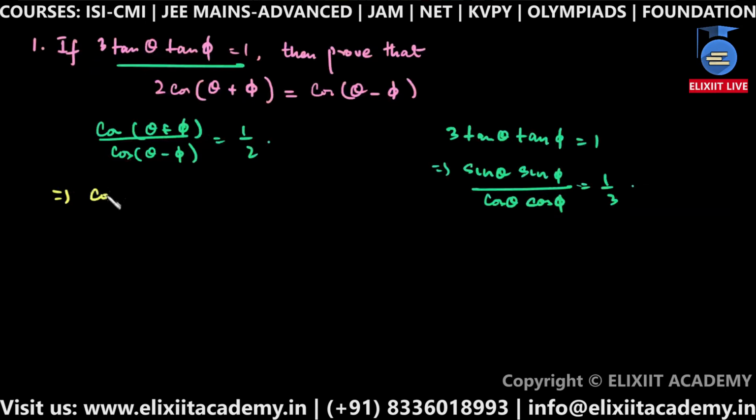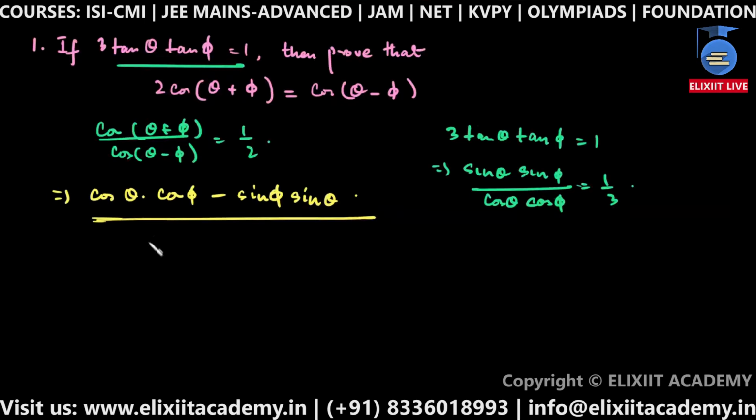So this is cos theta cos phi minus sine theta sine phi, divided by, similarly, cos(a minus b), which is cos a cos b plus sine a sine b. So we will have cos theta cos phi plus sine theta sine phi.